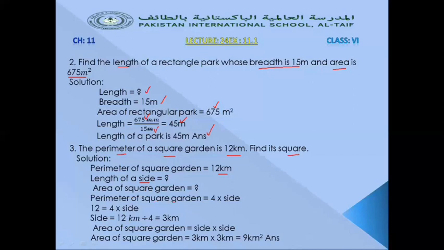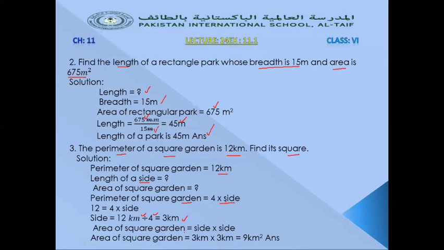The perimeter of the garden is equal to 4 times the side. Here side will be equal to perimeter divided by 4. Side is equal to the value of perimeter, that is 12, divided by 4, and 4 table of 4 on 12. So the measurement of one side is 3 kilometers.